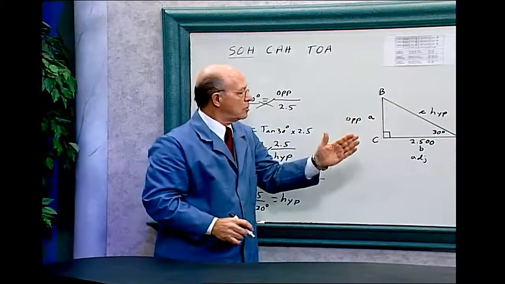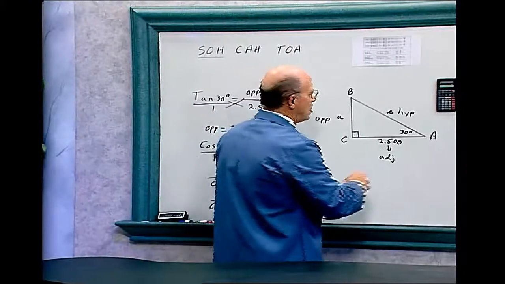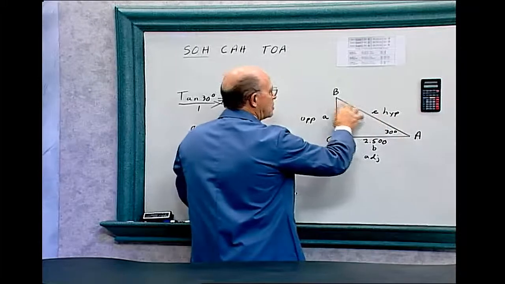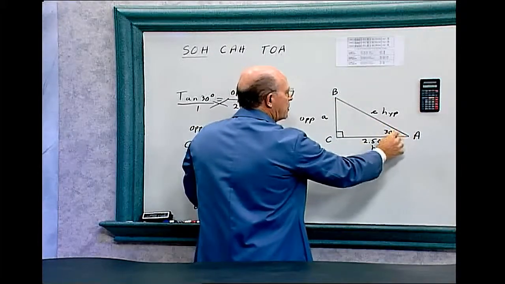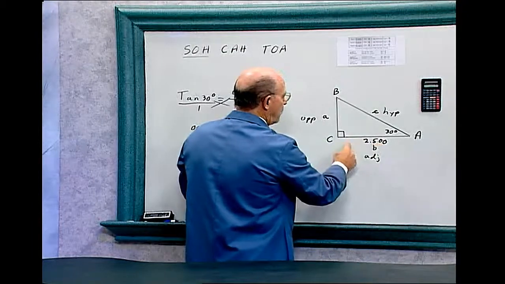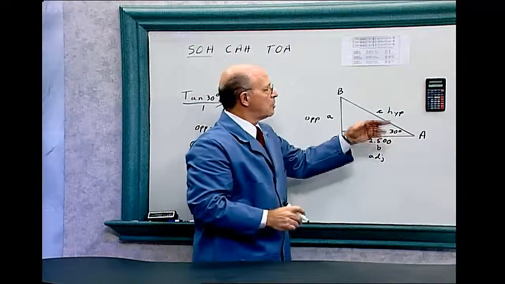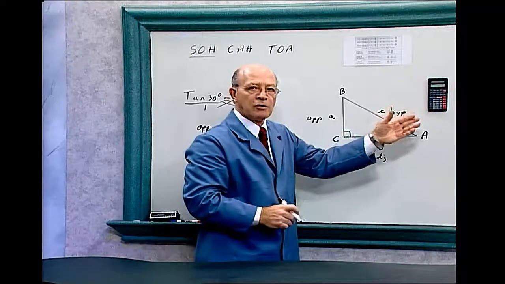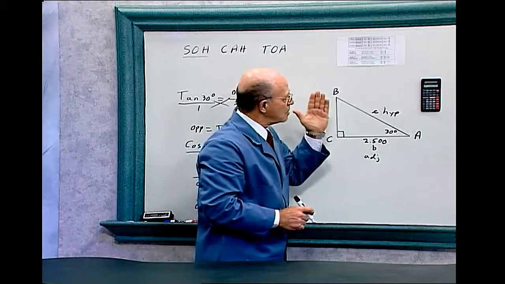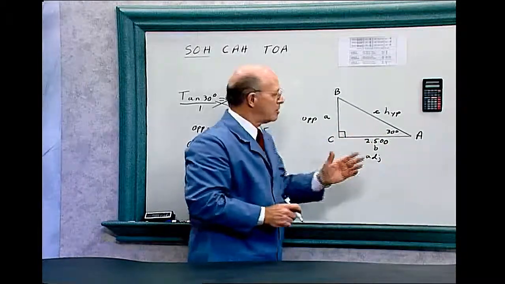I want you also to notice the logic of this. This is tangent 30. This is a fixed dimension here. When this is 30 degrees and this is 2.5, this can only be one size. This never varies. When we get into the calculator later on, you're going to find that tangent 30 is always a fixed number.